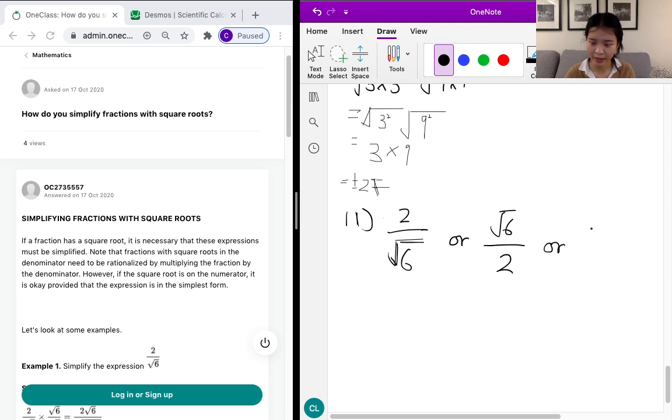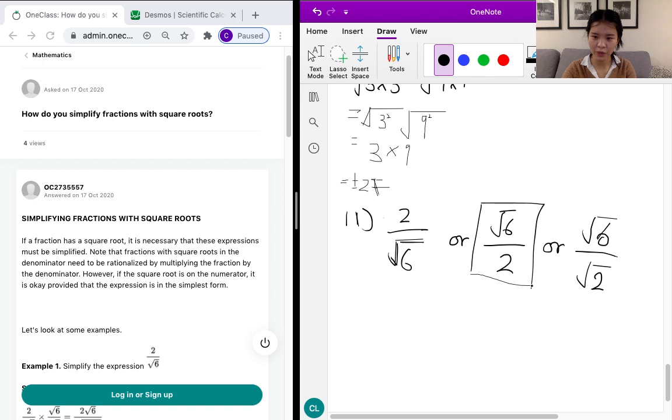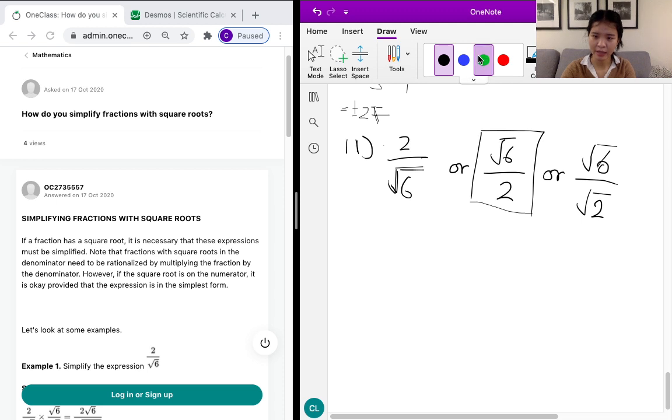Or I guess there's another type that has square roots on both the bottom and the top. So in the middle case, where the bottom is a whole number and the square root is on top, we don't need to simplify those types of fractions because they're already in simplest form.